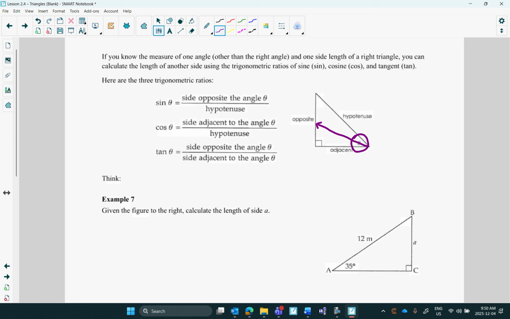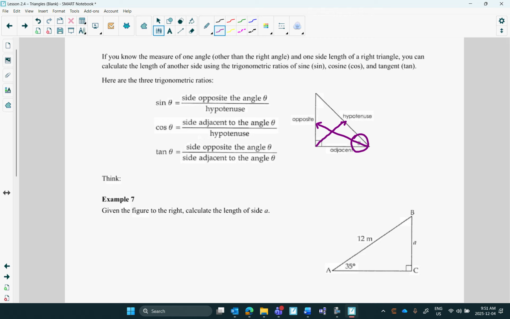Okay? If I were to draw an arrow out from the right angle until I hit a side, that's going to be the hypotenuse. And then the third side is going to be called the adjacent.